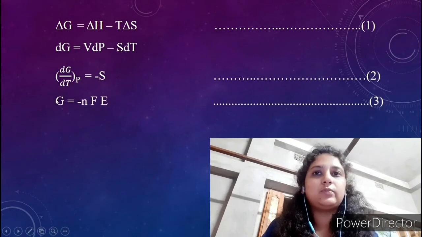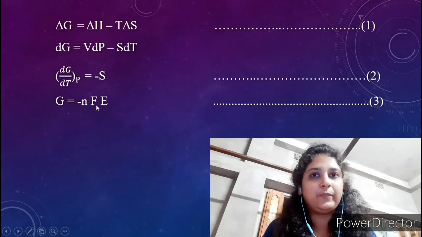Now for the electrochemical cell we have the equation G is equal to minus nFE, where E is the cell potential.